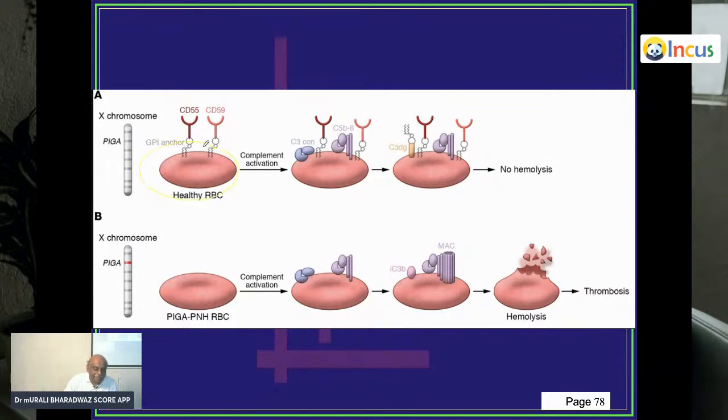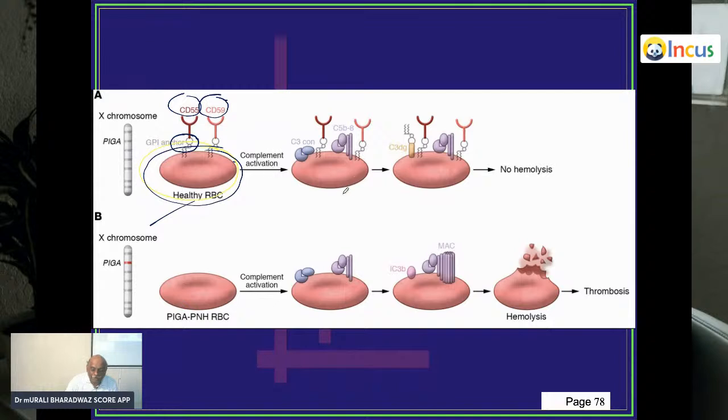This is a healthy RBC for you. One more quick revision to make your mind remember. So I know that you will forget. CD55, CD59 are there in a normal RBC, and there is a GPI anchor protein.